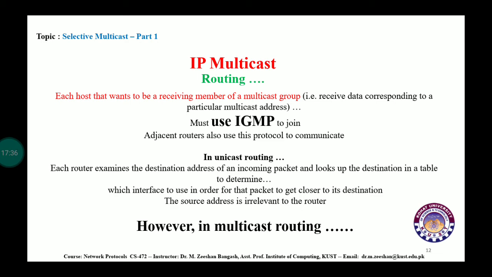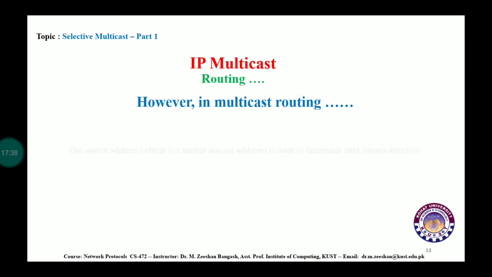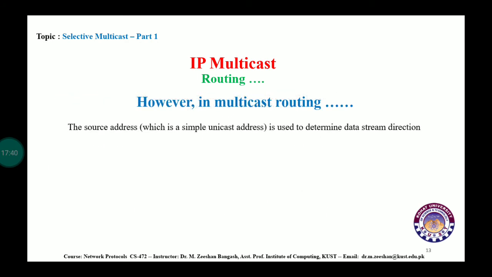However, in multicast routing, the source address is used to determine the data stream direction. So this is the main difference between unicast routing and multicast routing: the source address is irrelevant in case of unicast, while in multicast it is used to identify the data streaming direction.